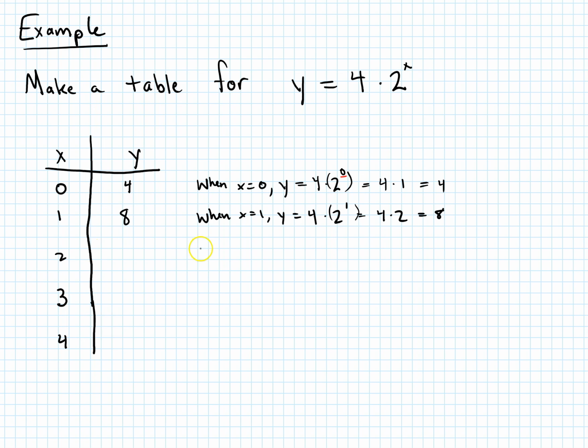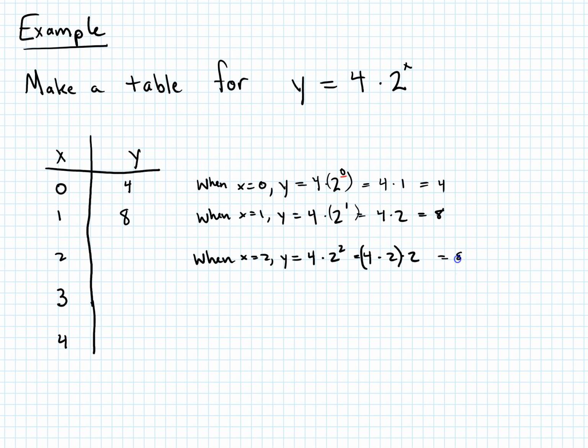Okay, so when we plug in 2 to this equation, let's see what happens. When x equals 2, y is equal to 4 times 2 raised to the power 2. 2 raised to the power 2 is just 2 times itself, right? Because that's 2 squared. And if we group these together using the associative property, we know 4 times 2 because we already did it up here.